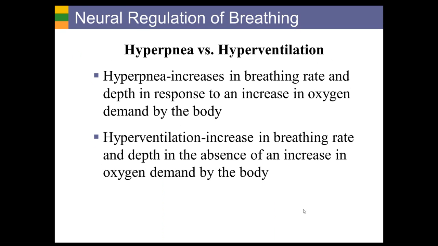With hyperventilation, there's an increase in respiration rate, but in the absence of an increase in oxygen demand. Okay, when one hyperventilates, it's an increase in respiration rate that's not coupled with an increase in the need of oxygen. So I just want to make sure that you can distinguish those two terms.